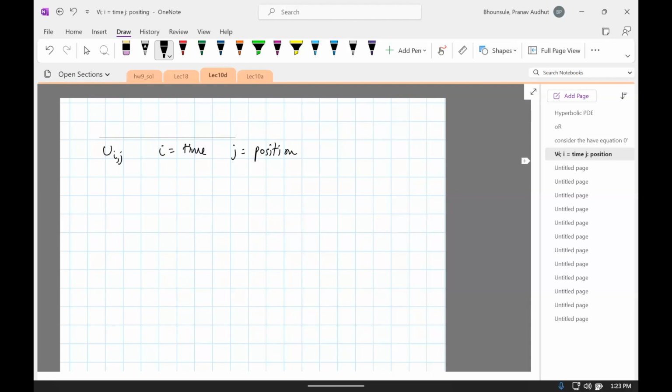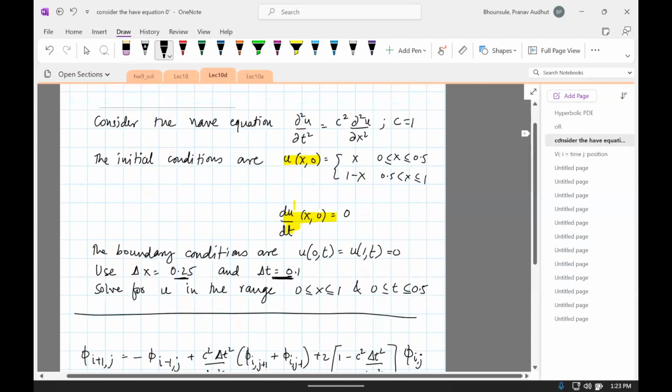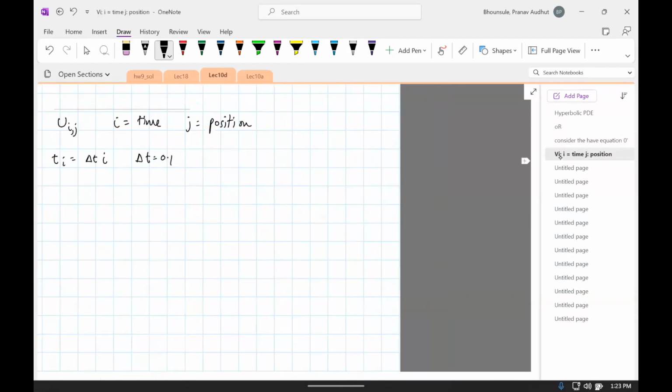For time, we have delta t times i, where delta t is 0.1, and we need to go all the way to 0.5, which means i needs to go from 0, 1, 2, 3, 4, and 5.